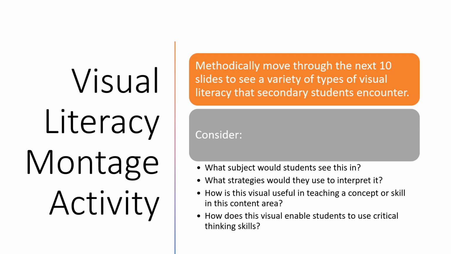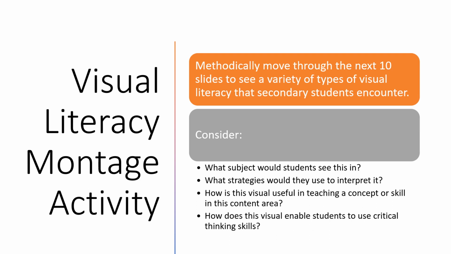So this first activity is going to be a montage, a visual literacy montage. I want you to methodically move through the next 10 slides to see a variety of types of visual literacy that secondary students encounter. As you're moving through them, for each one, I want you to consider what subject would students see this in? So what content area would they see this in?